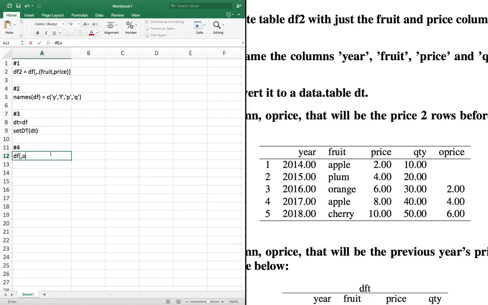All the rows, create a new column, colon equals shift. Which column am I taking the previous values from? It's price. And I want to do it by 2 rows. N equals 2, close bracket, done.